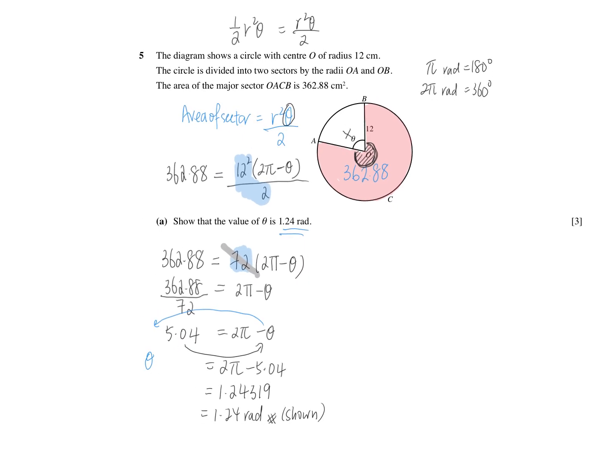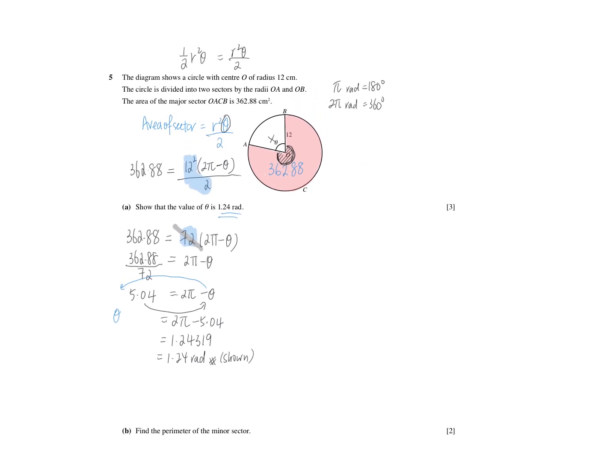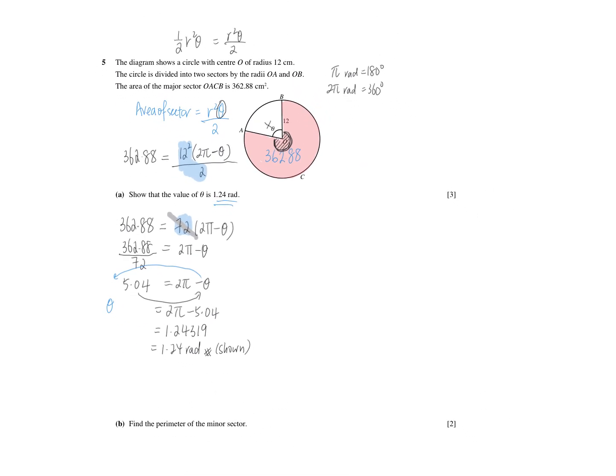Okay, so that's question 5. Just ask if you need help. Okay, question 5. So that's question 5. No, this one is question 5. I want to go to B now. B is finding the perimeter of the minor sector. I know. Means this one.